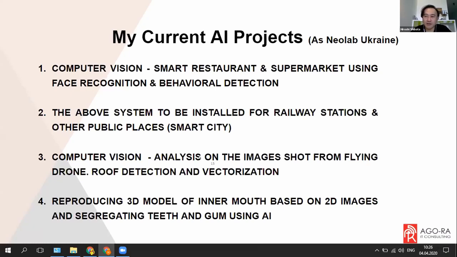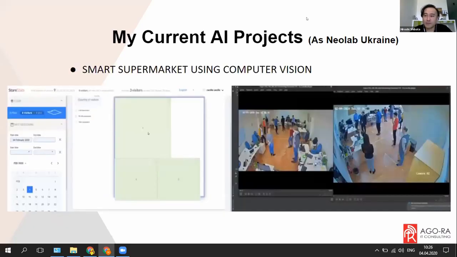So those can be automated. These are the projects that we are currently doing, and we're not stopping because of the coronavirus. We have business as usual, and everyone's working from home.